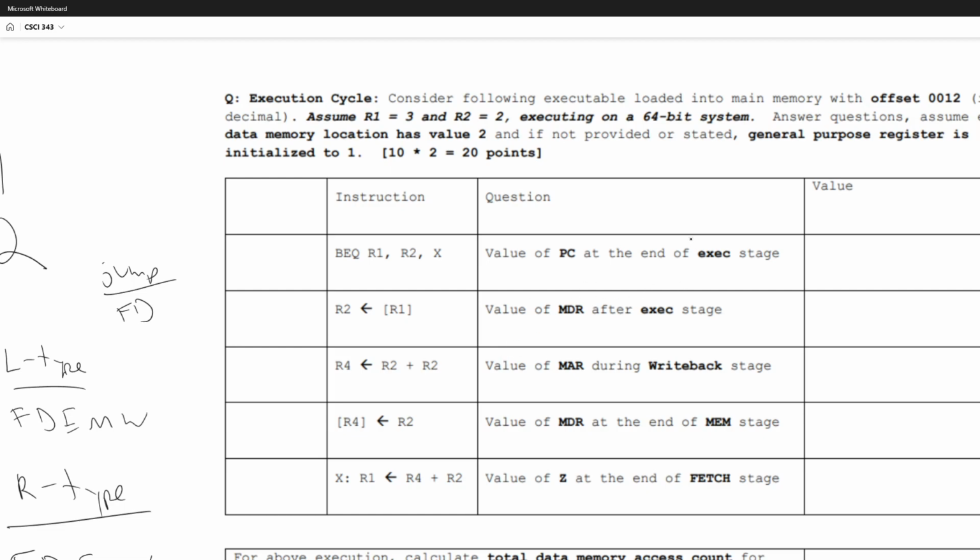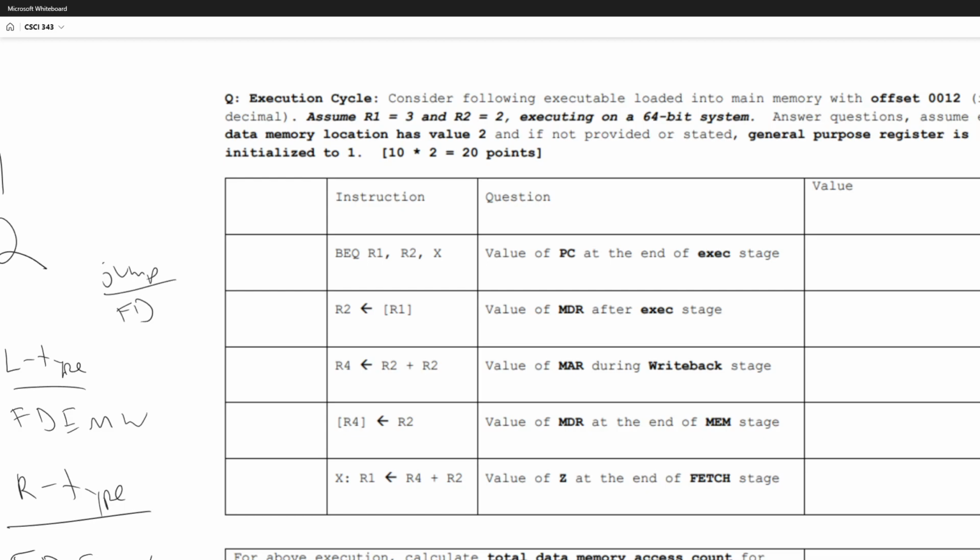Okay. Execution cycle. Consider the following executable loaded into main memory with offset 12. Assume R1 has value 3. R2 has value 2. It's a 64-bit system, so 64 divided by 8 is equal to 8.